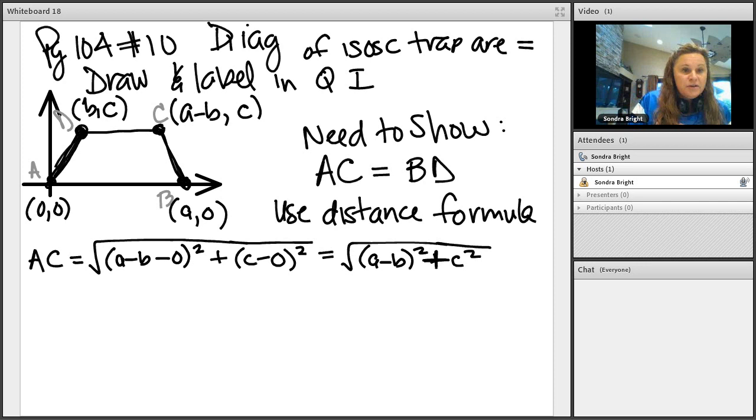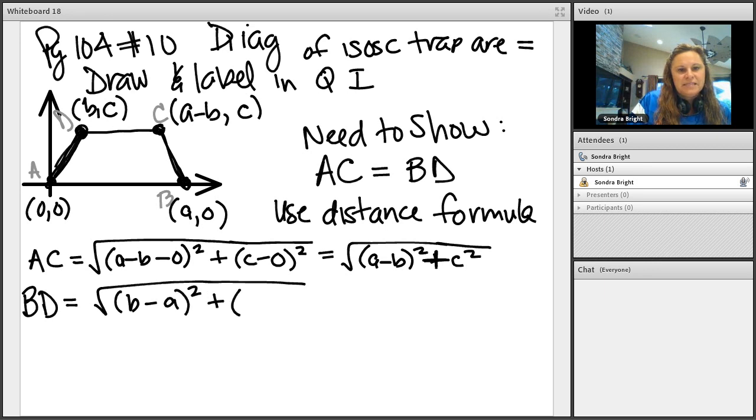You're done there. So let's find the length of BD. BD would be, technically, I guess we go b minus a quantity squared plus c minus 0 squared.